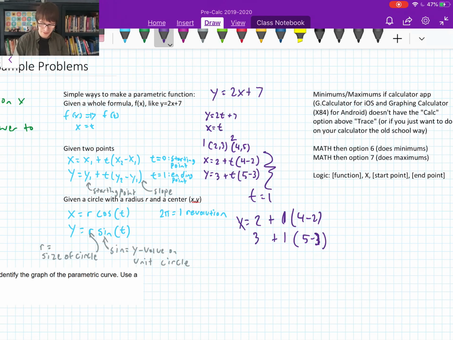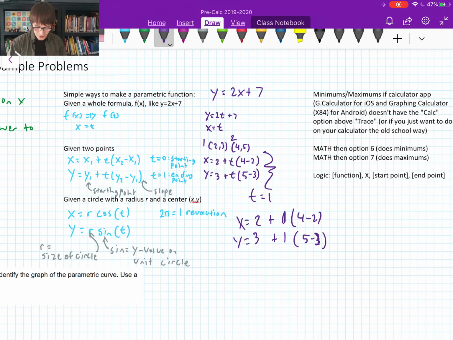For y, it says we're going to start with 3, and add the difference between 5 and 3, whatever we need to add to get to the second point, or to get to 5.